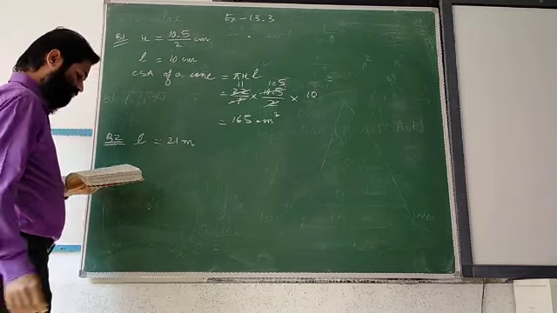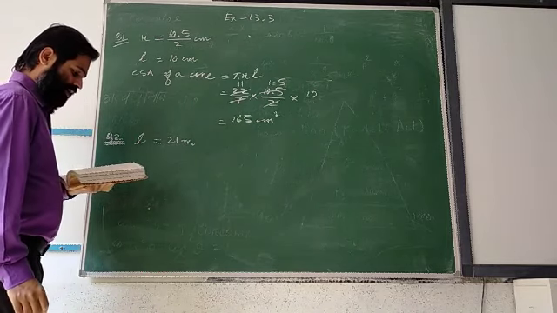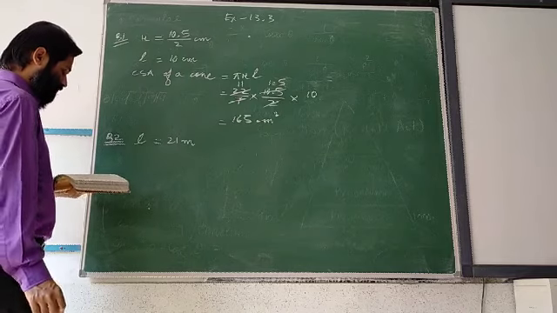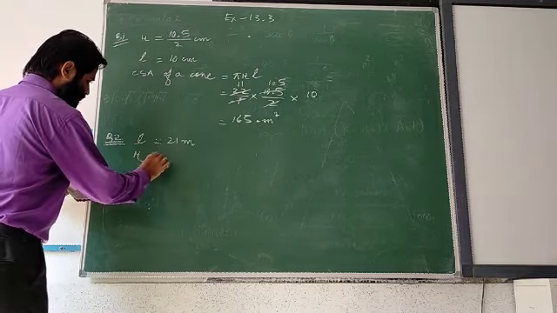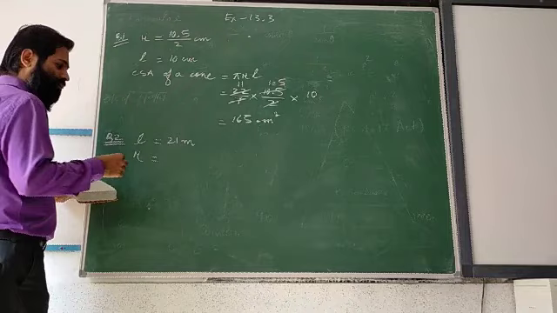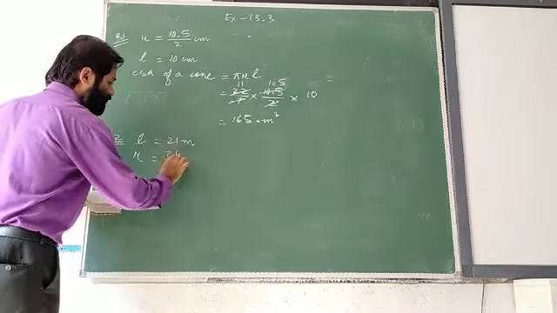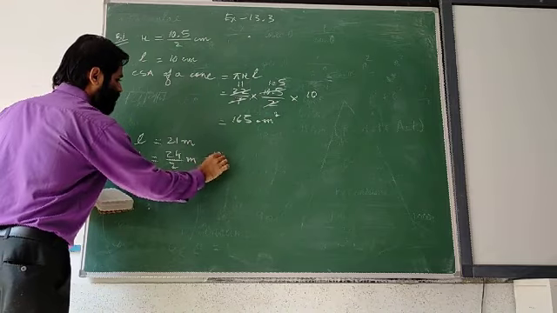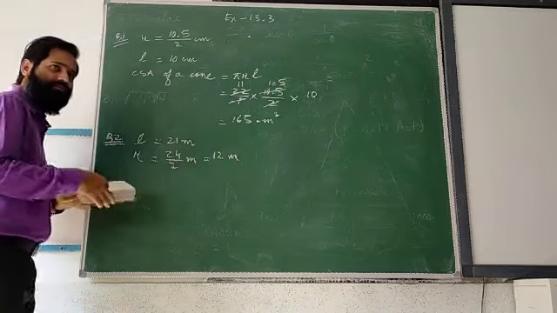And the diameter of its base is given, so the radius R will be half of that, that means 24 by 2 meter, and this will be 12 meter.